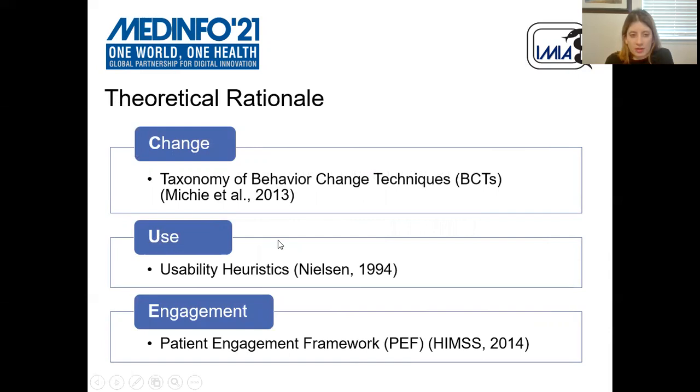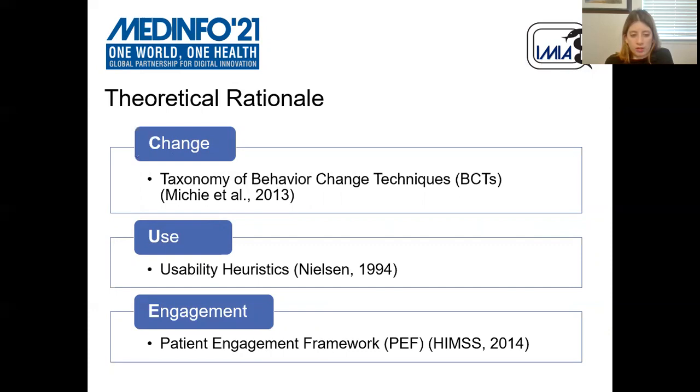Okay, so this is an outline of our theoretical rationale. So in the Q criteria, the C stands for change, and the theory that we have selected for these criteria is the taxonomy of behavior change techniques, which was developed by Michie in 2013.